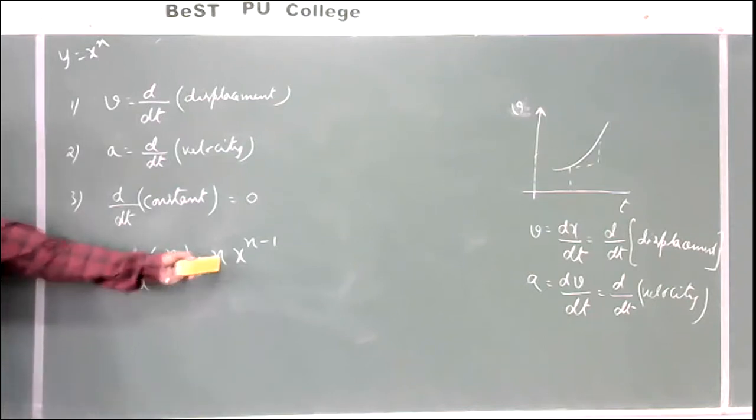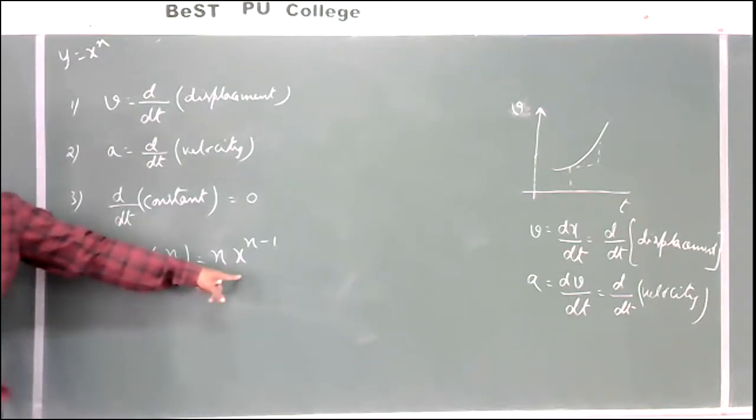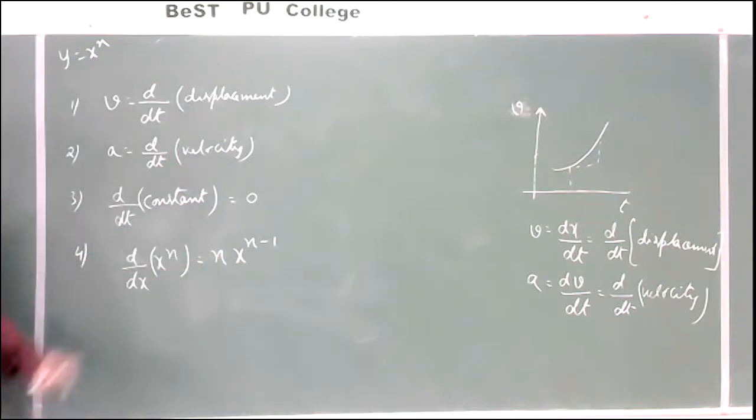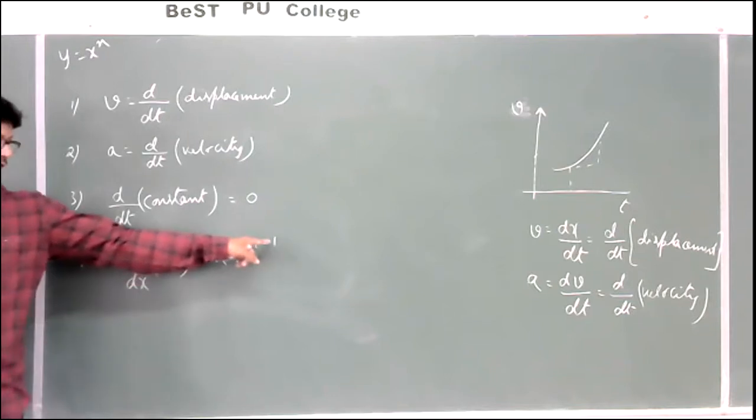This is the basic formula. I am not going to derive this formula because it is the headache of mathematics, they will look after it. Just try to remember this formula: d by dx of x to the power of n is equal to n into x to the power of n minus 1.